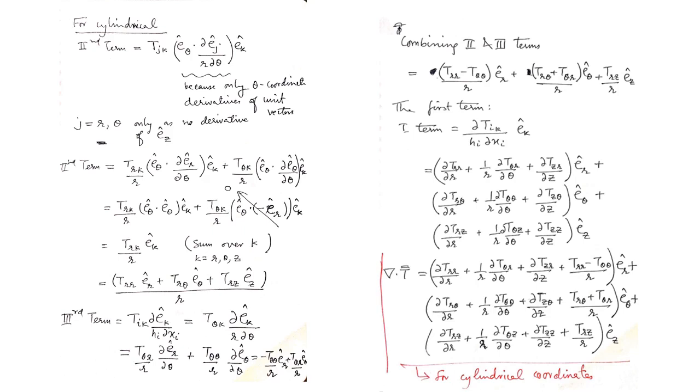So this is how it looks if you sum over i and k. The first term expands in this manner, and in the last I have written the final expression of divergence of a tensor of rank 2 by summing all the three, first, second and third.